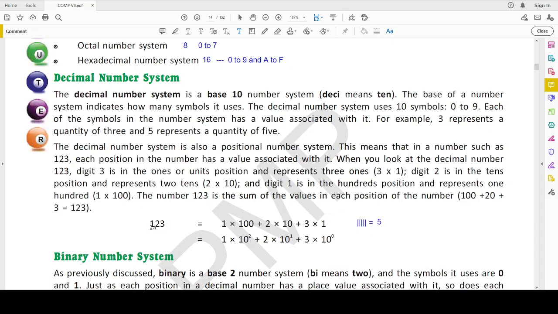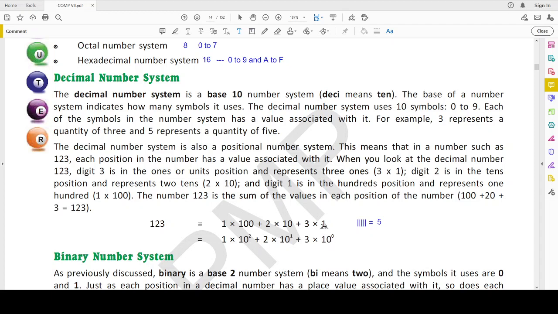here to here. You will count 0, 1, 2. So in the number 123, 3 is in the 10 to the power 0 place, 2 is in the 10 to the power 1 place, 1 is in the 10 to the power 2 place, right? So 10 to the power 0 means what?